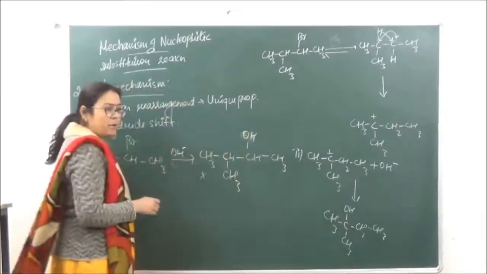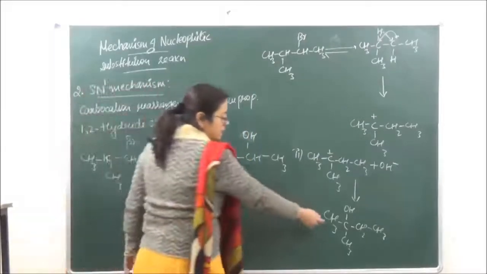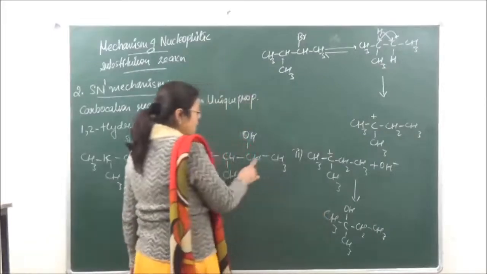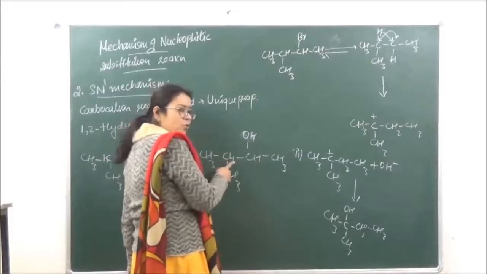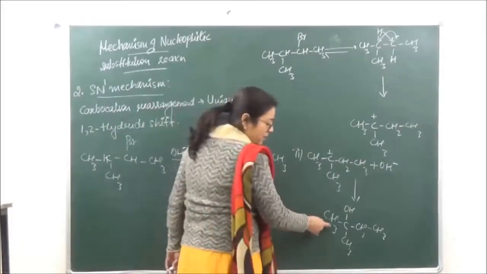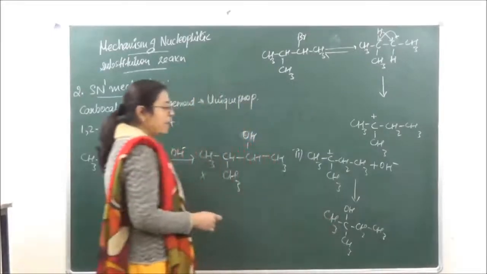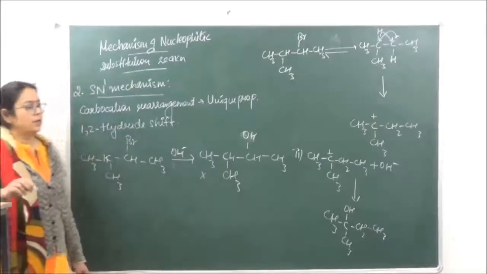This is the expected product, but what are we getting? We are getting this product. This is 1 2 3 4, so this is 3-methyl butane 2-ol, but what are we getting over here? We are getting 2-methyl butane 2-ol.